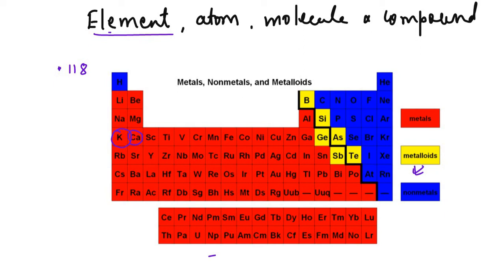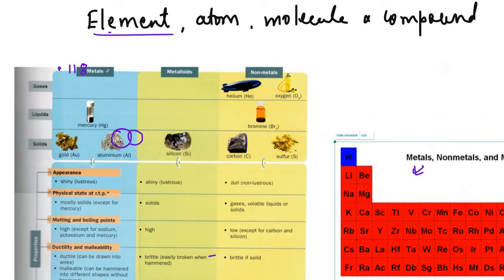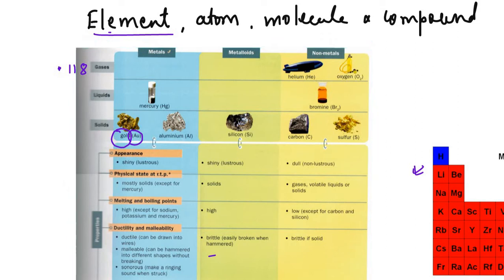Now, of your 118 elements, some are metals, some are non-metals. Whenever you talk about metals, what properties should you expect? First, the physical state.